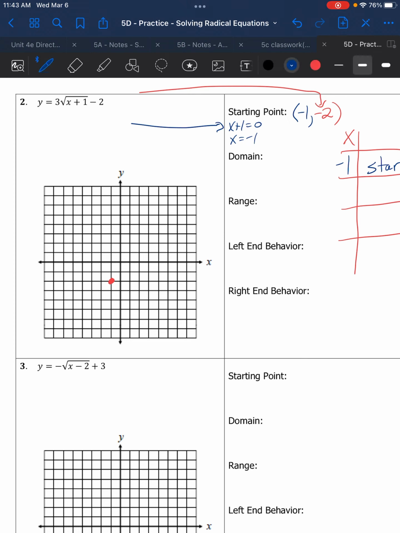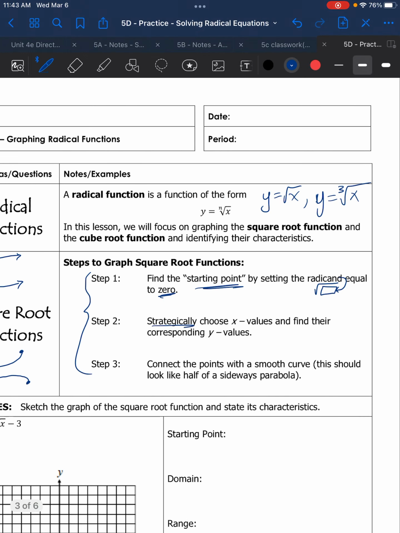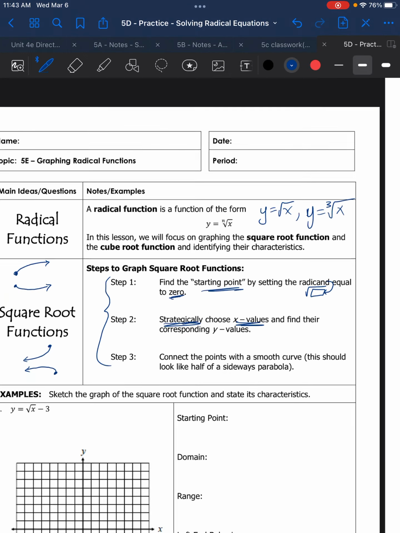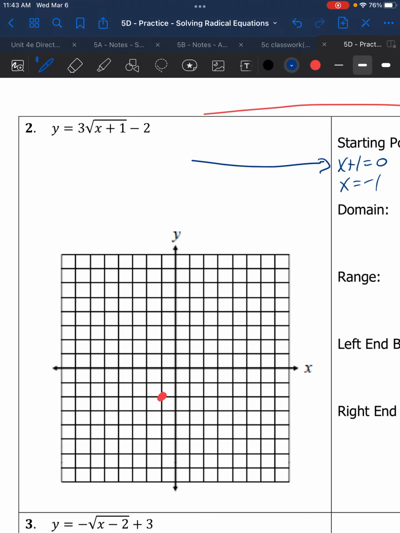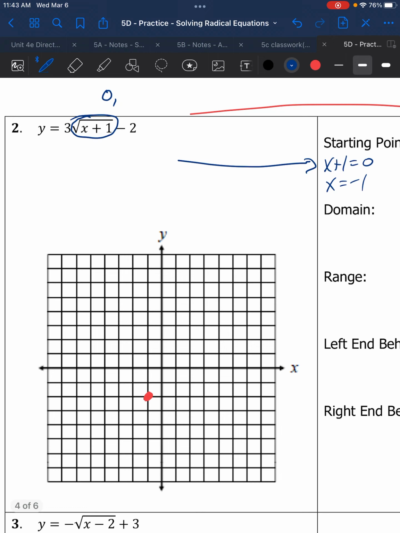So this is step 2: strategically choose x values. I have to think about what number I can put in for x so that the square root is a square rootable number. So I'm thinking about x plus 1 equaling 0, or 1, or 4, or 9. Those are the numbers I'm looking for.